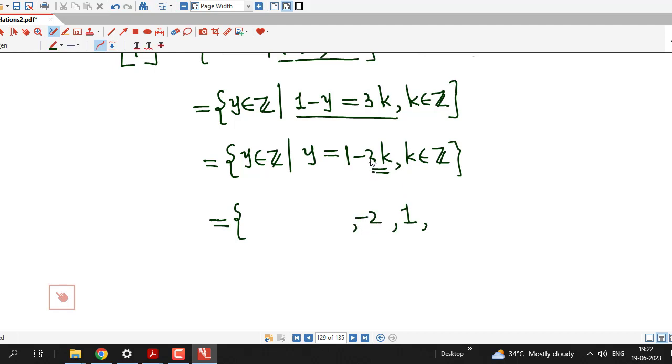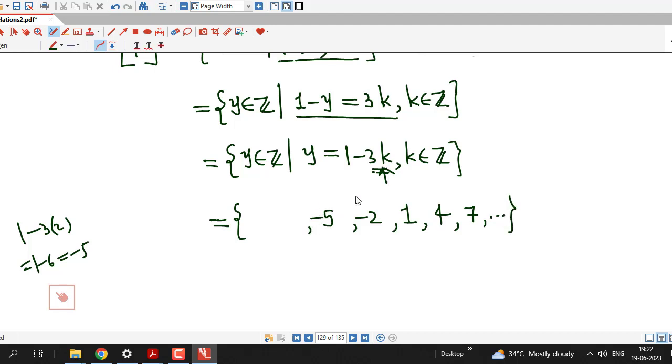If I take k equal to 2, I will have 1 minus 3 into 2, that is 1 minus 6, which is minus 5. If I take k equal to minus 1, I will have 1 plus 3, that is 4. If I take k equal to minus 2, I will have 1 plus 6, that is 7. And here there are an infinite number of elements.